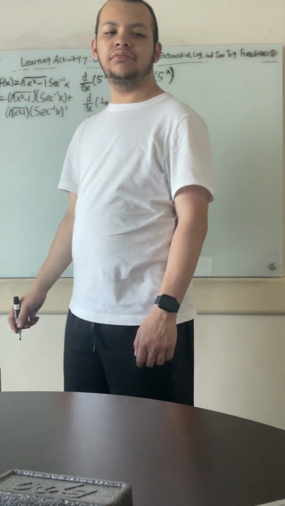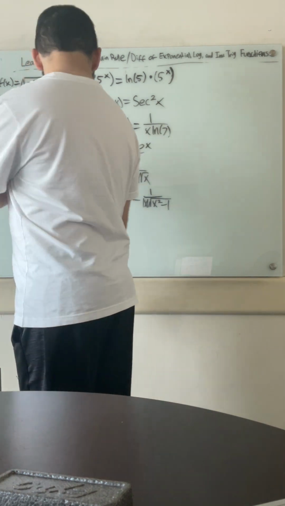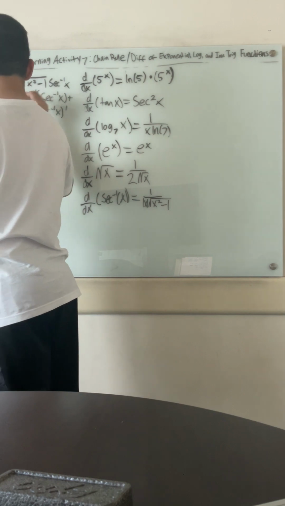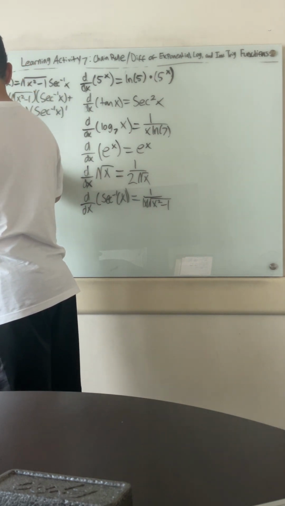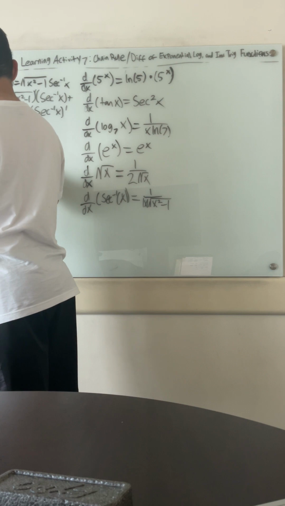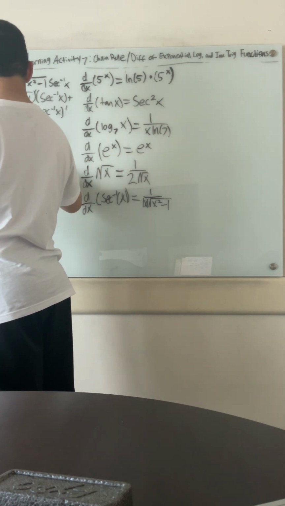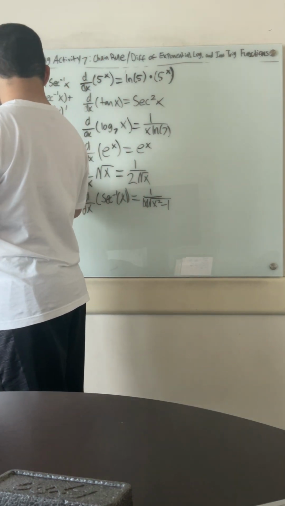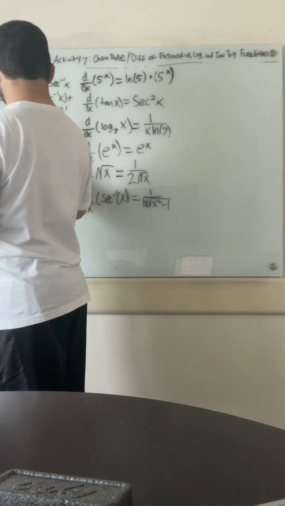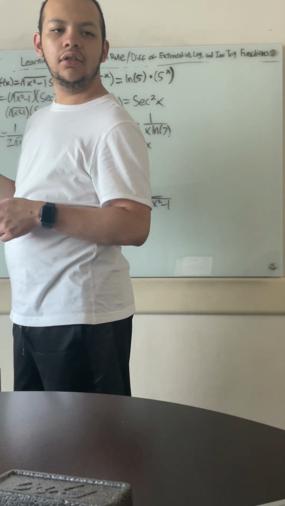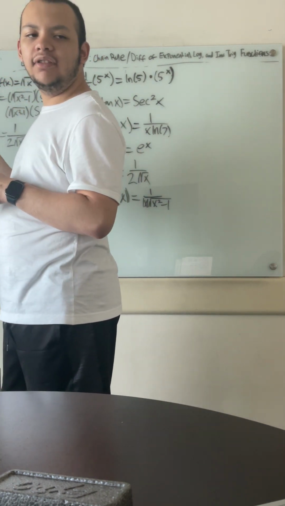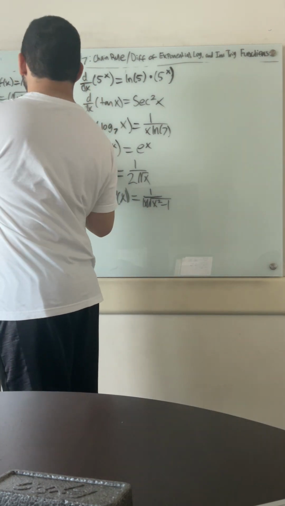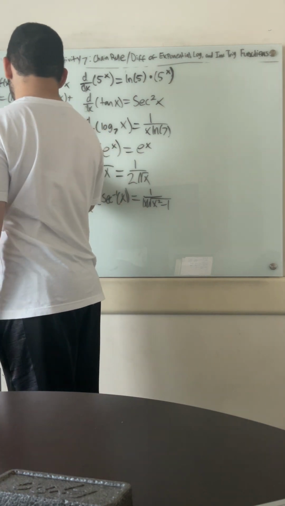So the derivative of the square root of x squared minus 1 is just going to be 1 over 2 times the square root of x squared minus 1. And notice that we have to go inside as well with respect to the chain rule. So if we go inside, the derivative of x squared is just going to be 2x.